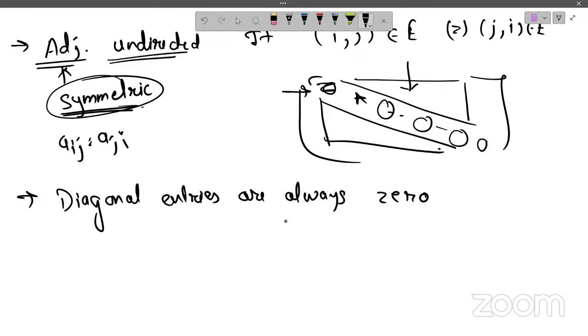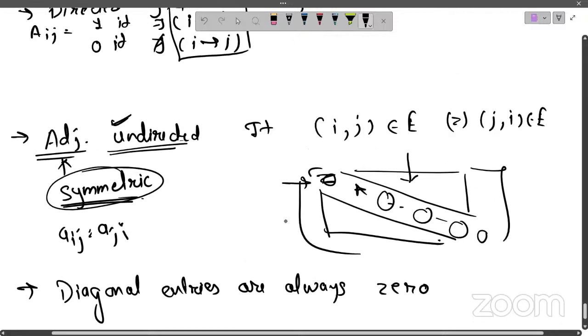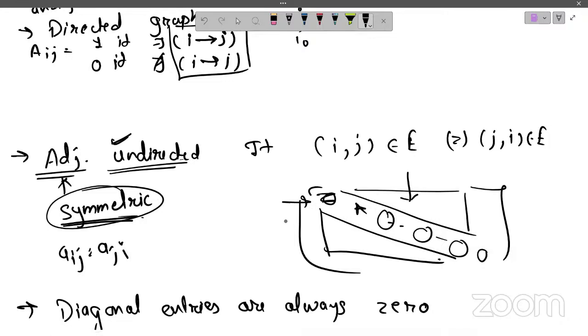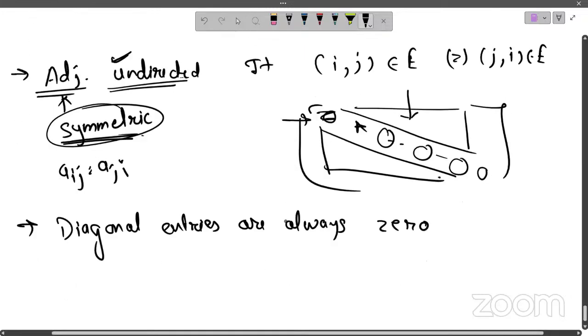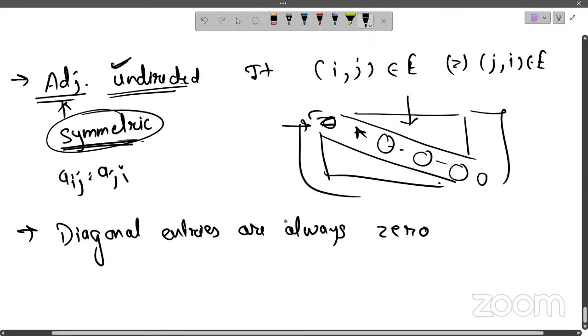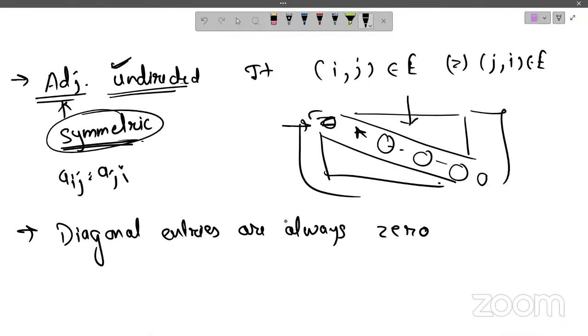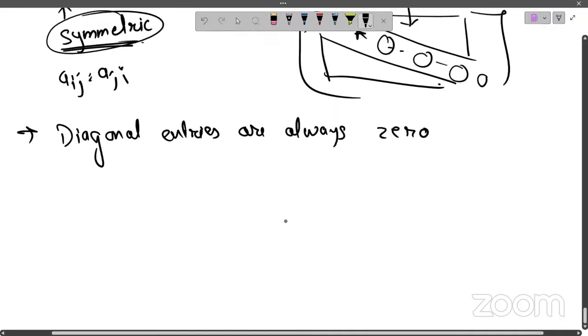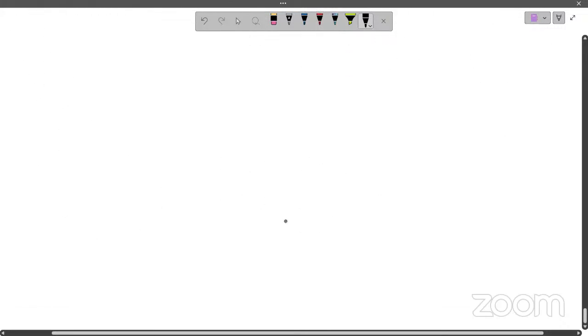And the adjacency matrix of an undirected graph is always symmetric. So by observing the matrix, you can judge whether the graph is directed or undirected. If it is symmetric, it should be undirected. If it is not symmetric, there is an edge going from i to j but not coming back from j to i. Any doubt about the adjacency matrix?